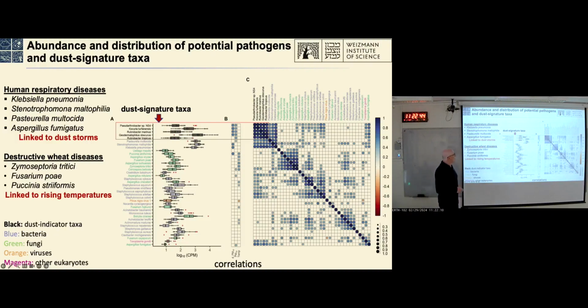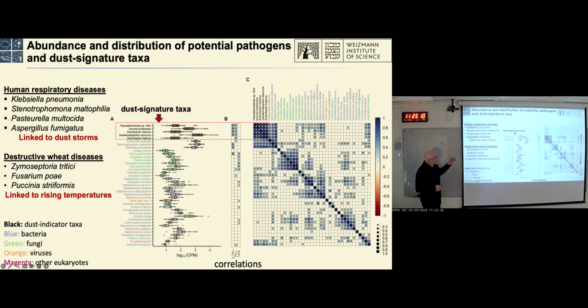Then we can look at the correlation between the presence of these pathogens and this dust signature taxa. Again, we have a lot of pathogens that are related to respiratory diseases and to wheat diseases. These are mostly linked to dust storms. These, for the wheat, are linked to rising temperatures.